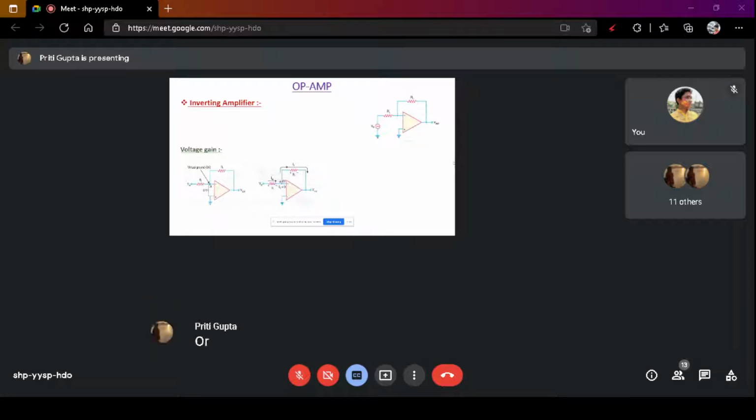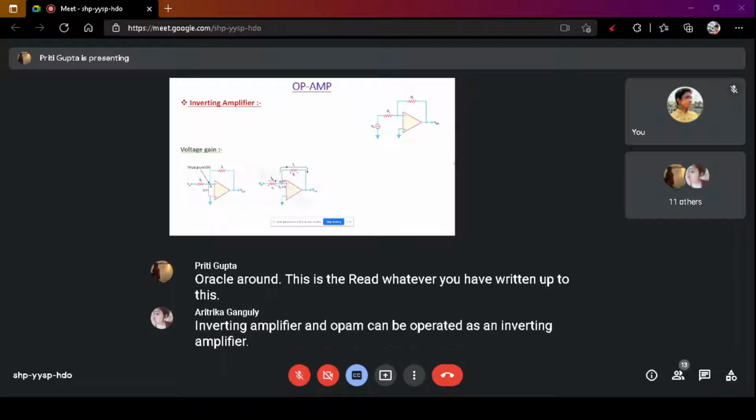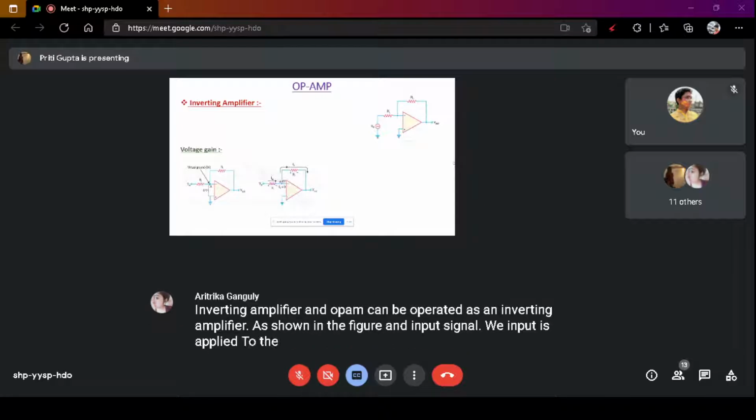Read whatever you have written up to this. Inverting amplifier. An op-amp can be operated as an inverting amplifier as shown in the figure. An input signal Vin is applied through the input resistor Ri to the inverting input.